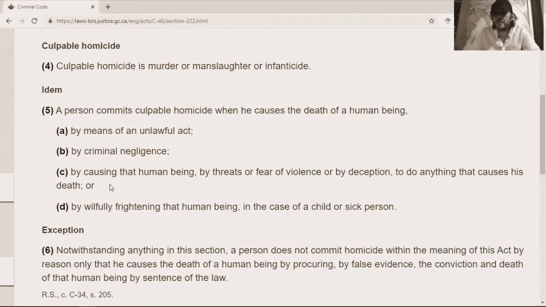For the purposes of this lecture, I'm going to set aside subs C and D and focus on the two most common means of committing culpable homicide, by means of an unlawful act and by criminal negligence.